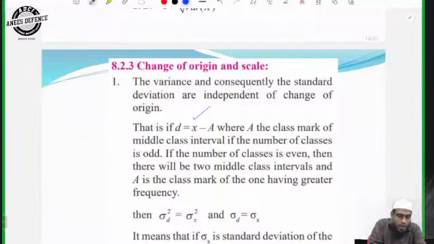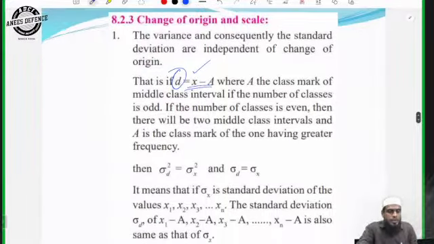That is, the new value is d equal to xi minus a. What is a? A is the class mark of the middle class interval. If the number of classes is even, then there will be two middle class intervals, and a can be considered as the class mark with higher frequency.